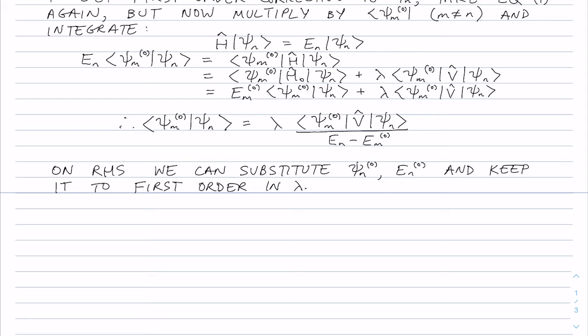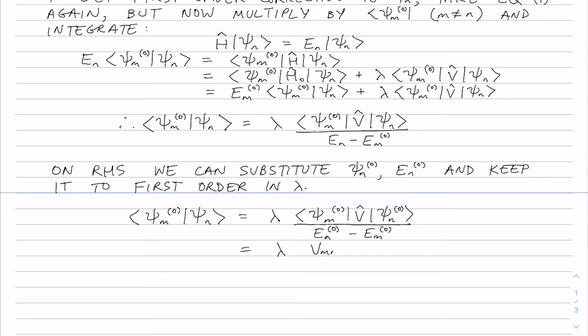And so that gives us, to first order in lambda, and we can write that as we did before as lambda V_mn over E_n^0 minus E_m^0.